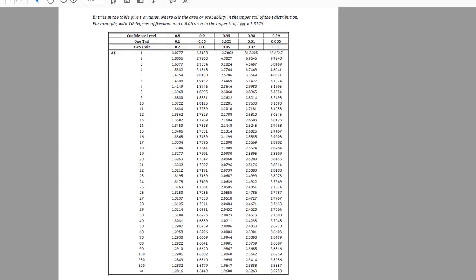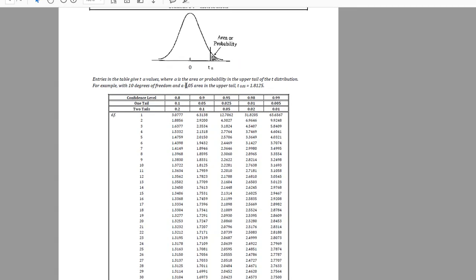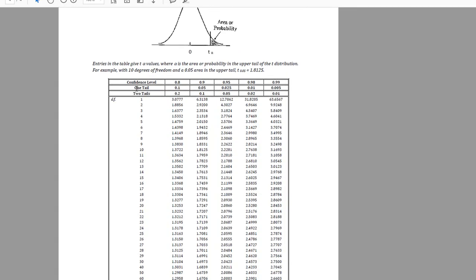I go to the table. This is the t distribution table. I'm dealing with hypothesis testing, and I'm dealing with one-tail hypothesis testing, and 1%. So that's the column I'm interested in. Degrees of freedom 29 is here. And there is 1% one-tail. That would be equal to 2.462.